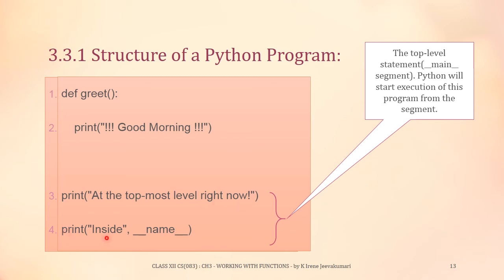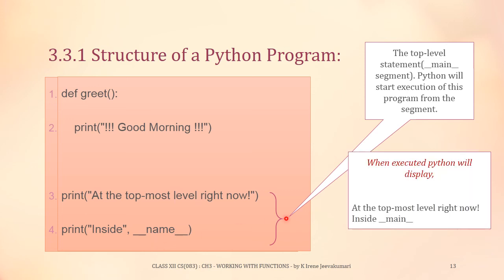For the second print statement, inside __main__ will be printed, because __name__ is a built-in variable, and this built-in variable is available in the main segment. So __main__ will be printed for this built-in variable. In the output, at the topmost level right now is printed for the first print statement, and inside __main__ is printed for the second print statement.